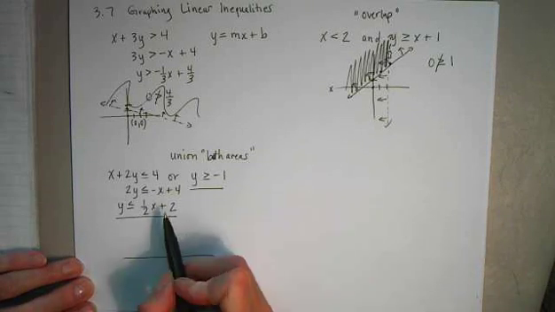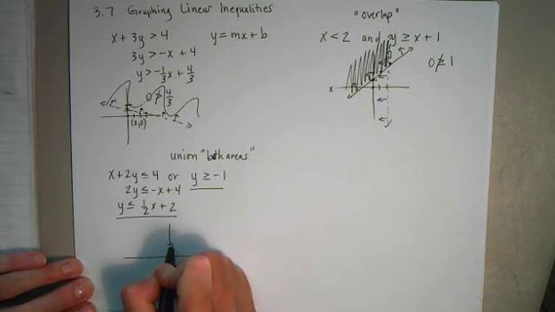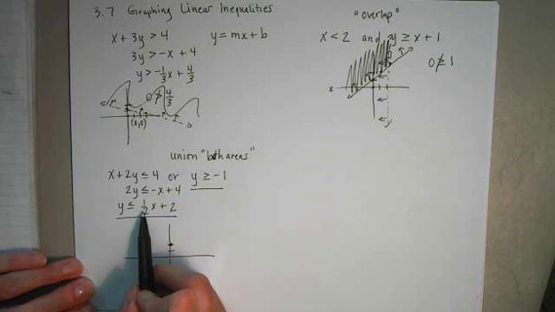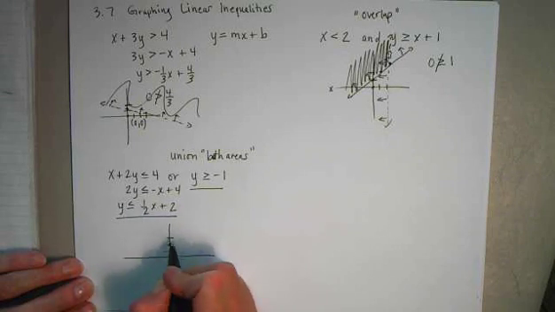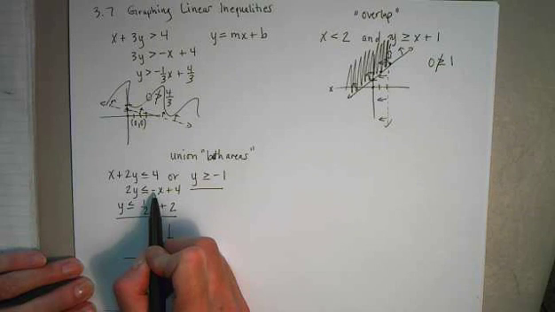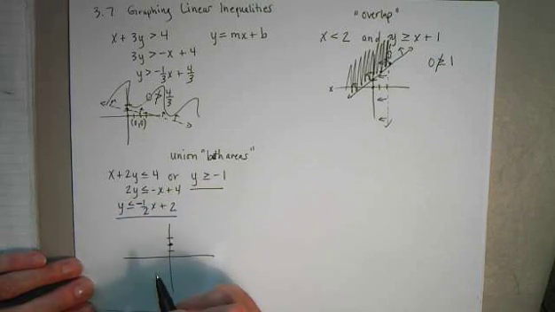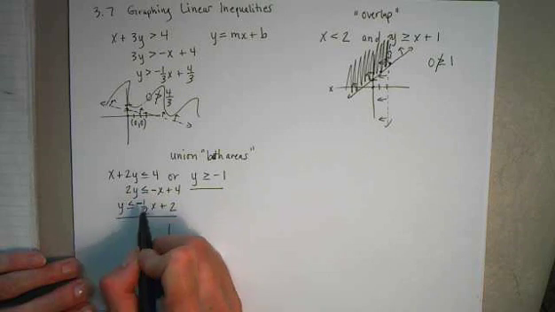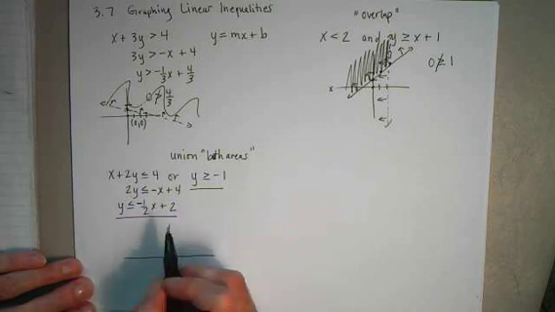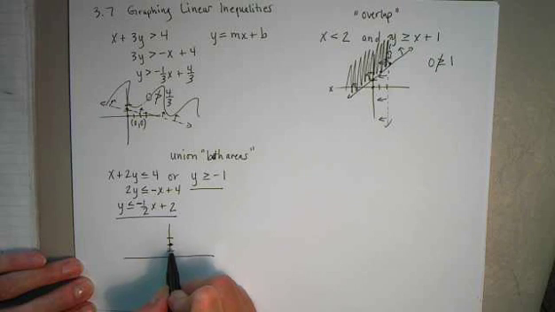So this one crosses the y-axis at 2, and it has a slope of up 1. Oops, did I leave my negative out? I did, didn't I? Good thing I saw that. We don't want to graph the wrong graph. So we had a negative x, so we have negative 1/2 x. So from my y-intercept, I need to go down 1, right 2.